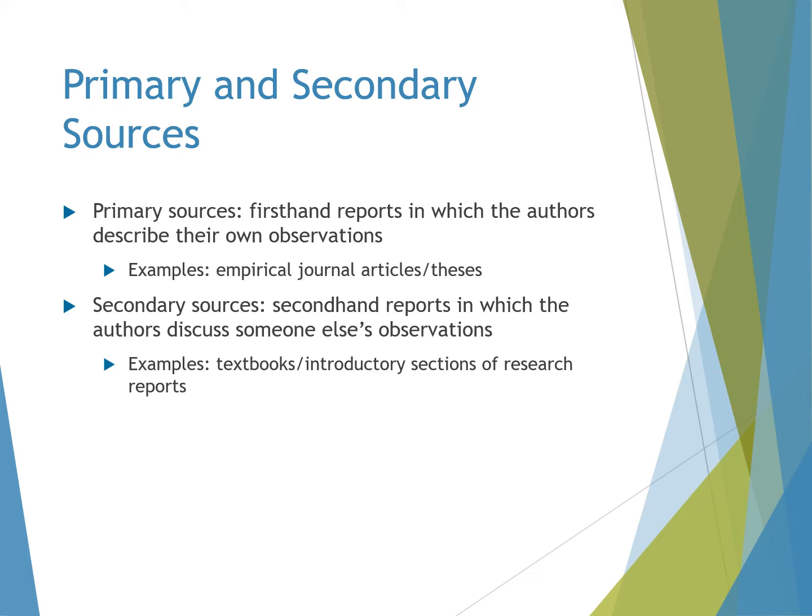The introduction to a research article is a secondary source as well. So keep that in mind. Secondary sources can be really useful for helping catch you up to speed on the literature in a given topic. So sometimes they can serve as really good starting points. But for this class, when you need to do article summaries, they need to be primary sources where the authors have collected their own data.